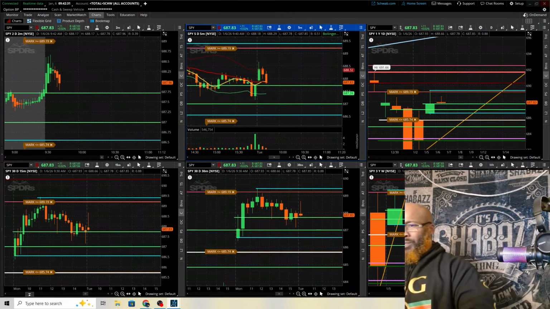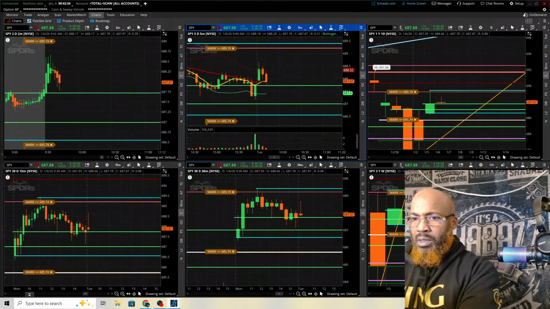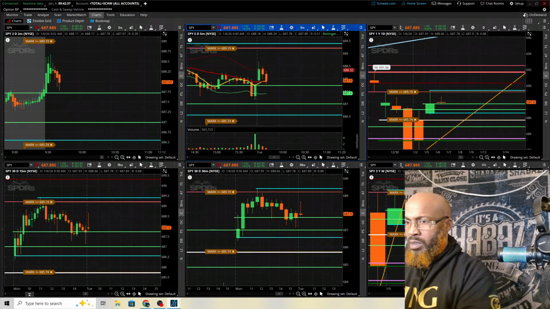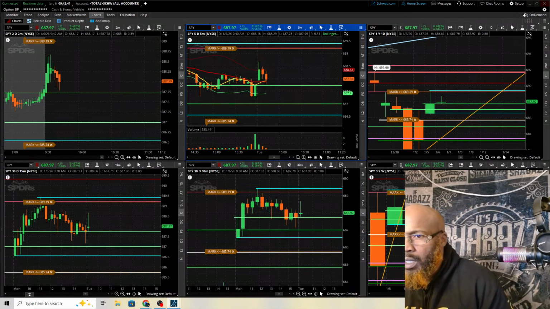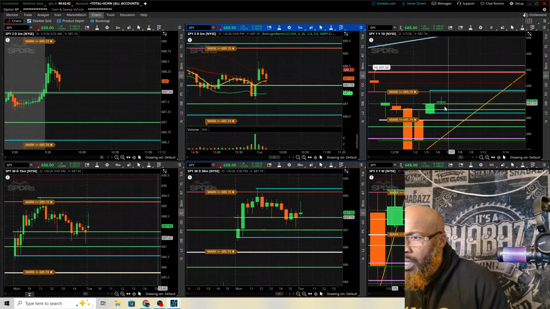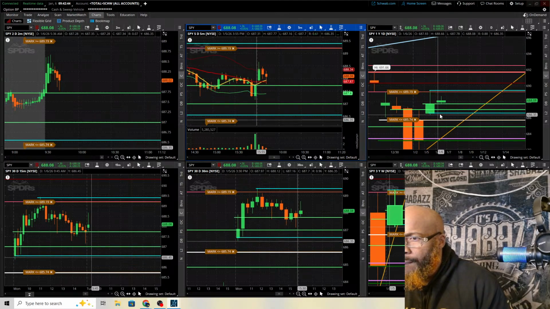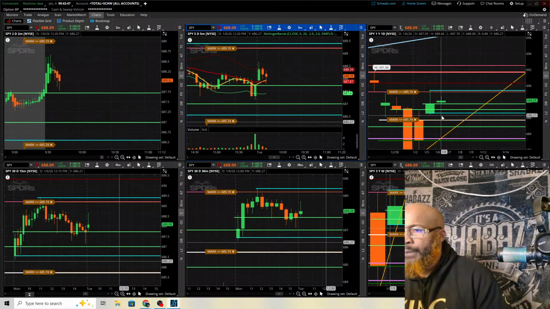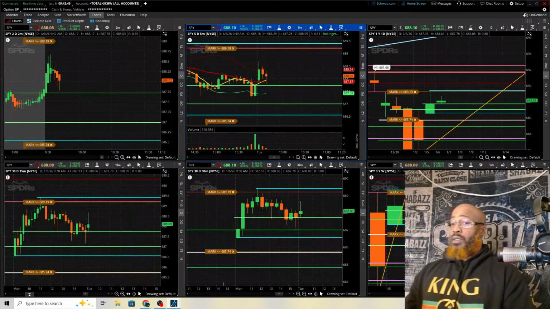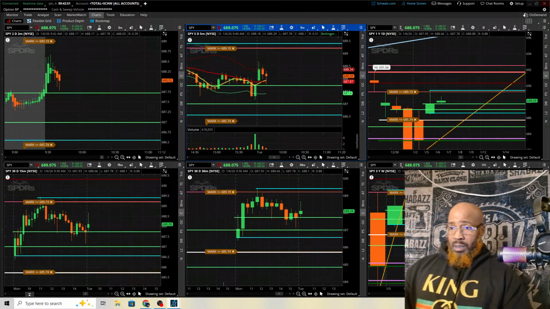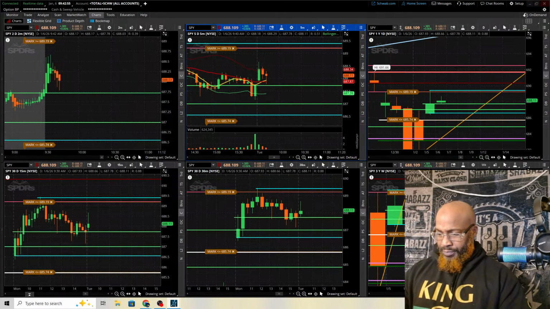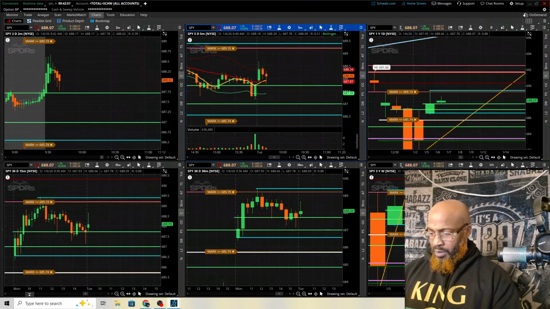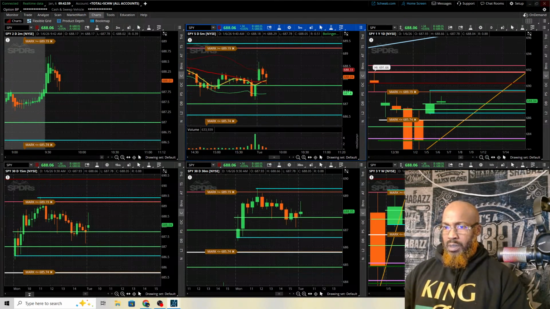A green to red move off of that daily shooting star. I actually would like to put the 686.5 area, to be honest with you. We'll see if it does happen.